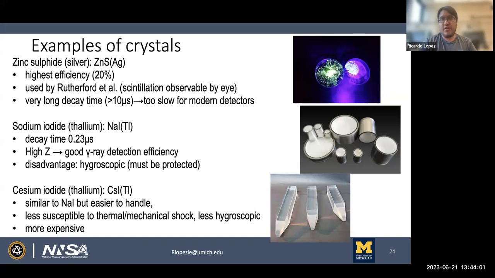Of course, there are other, quote unquote, disadvantages with using inorganic scintillators. One of them is that they tend to be hygroscopic. So you need to prevent any kind of contact with water, or just the environment in general.